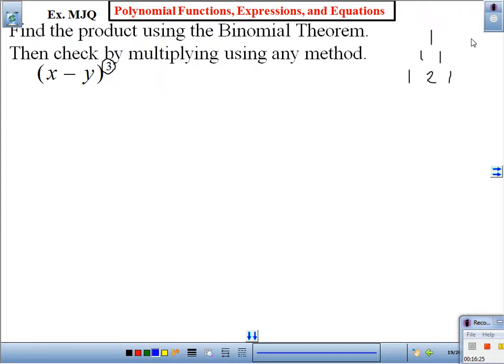But what is this row? 0. This one, 1. This one, 2. Which one do we need? 3, which means 1, 3, 3, 1. That's row 3. Now that I know which pattern I'm going to use, all these are going to be coefficients in my polynomial.